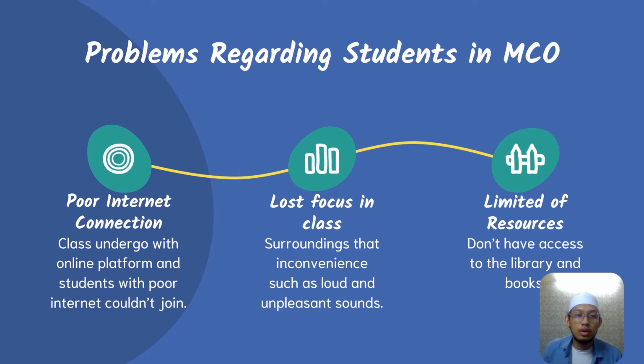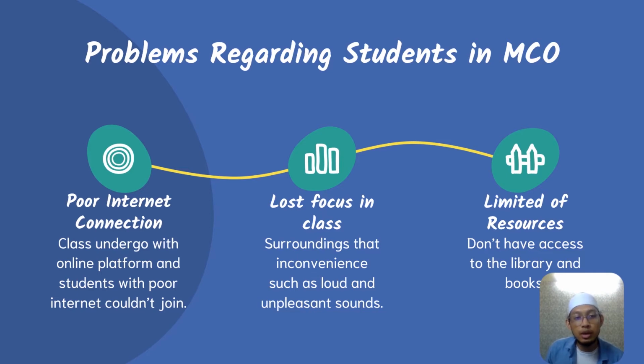So I will show you how to apply this assumption reversal on a problem. Our group made a decision on the problem regarding students in MCO or RMO in this COVID-19 situation, and how students cope with these difficulties.